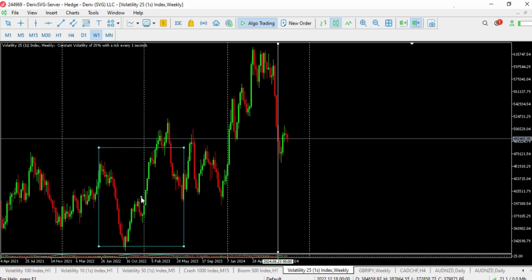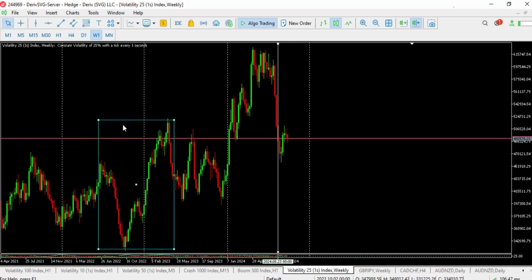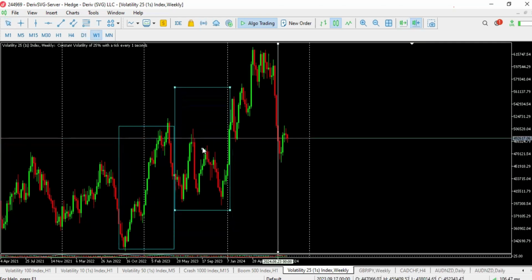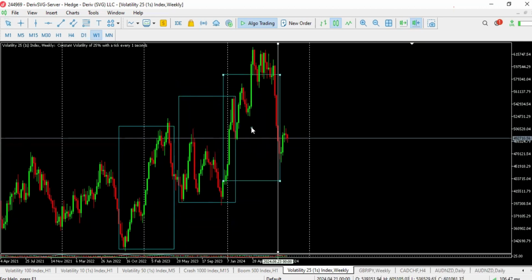We call this the level one rise on the weekly chart. Then this is its consolidation, and then we had our level two rise, and then we had our level three rise.